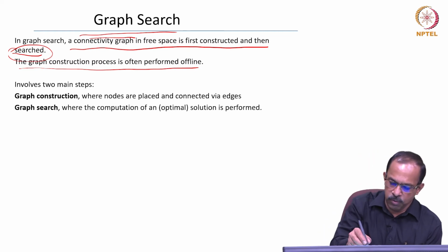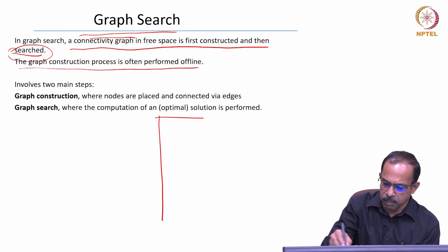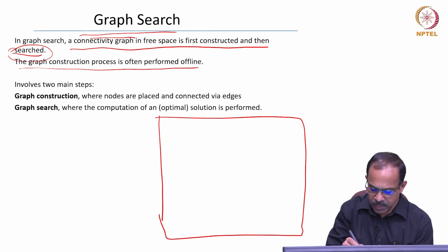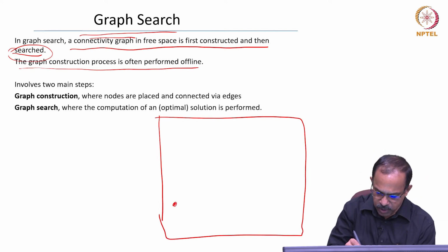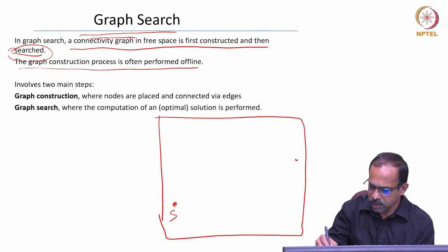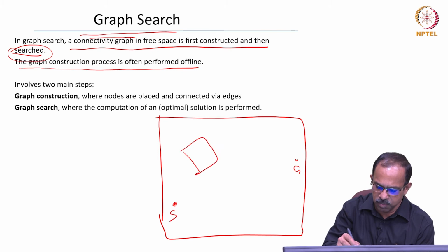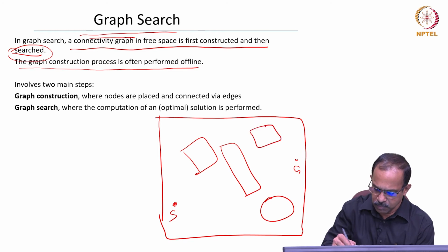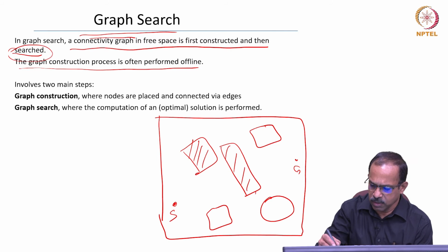That is, if you have a map already given, because it is an offline method, and this is your start point, and this may be your goal point, and you will see that there are obstacles on its paths. So, assume that these are all the obstacles on the path.